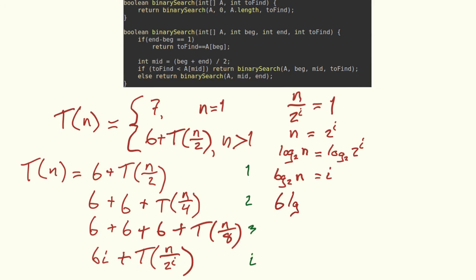The physicists get their natural log as an abbreviation, so we're going to get our log base 2 as an abbreviation. So 6 lg of n plus t of n over 2 to the log base 2 of n.